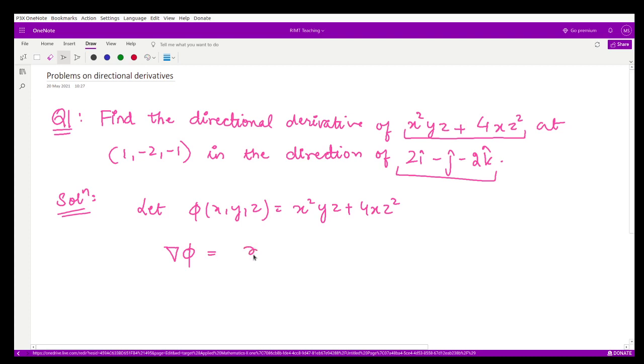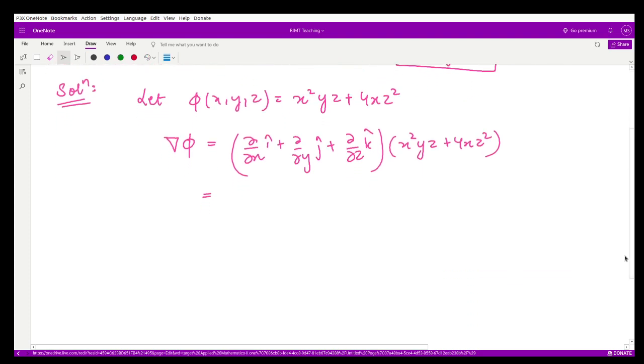So that would be equal to del by del x i cap plus del by del y j cap plus del by del z k cap of the given function x square yz plus 4xz square. So when you take the partial derivative with respect to x of this quantity, it would be 2xyz plus 4z square, this quantity i cap.